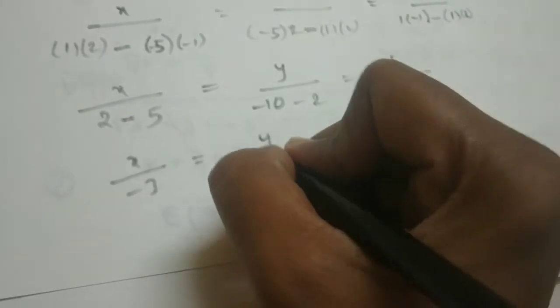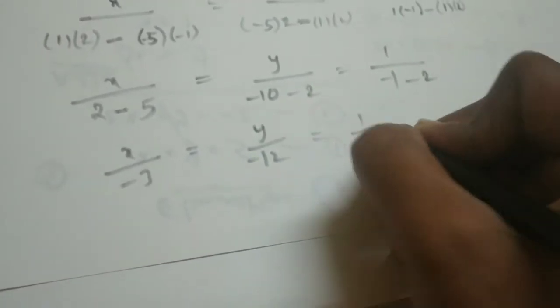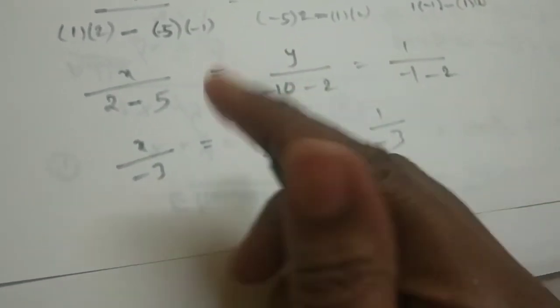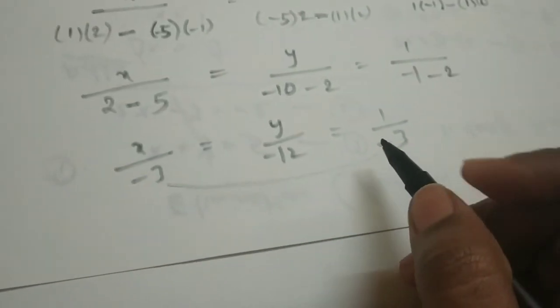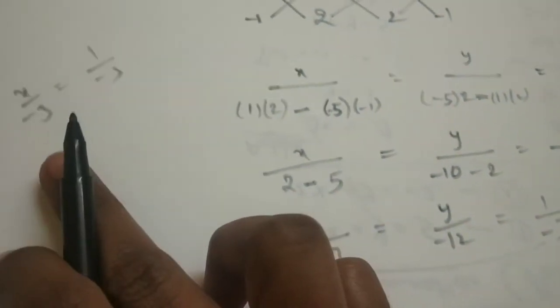To get the x variable you should equate x to the constant term. So x by minus 3 equals 1 by minus 3. I equated the first and last terms to get the x variable.